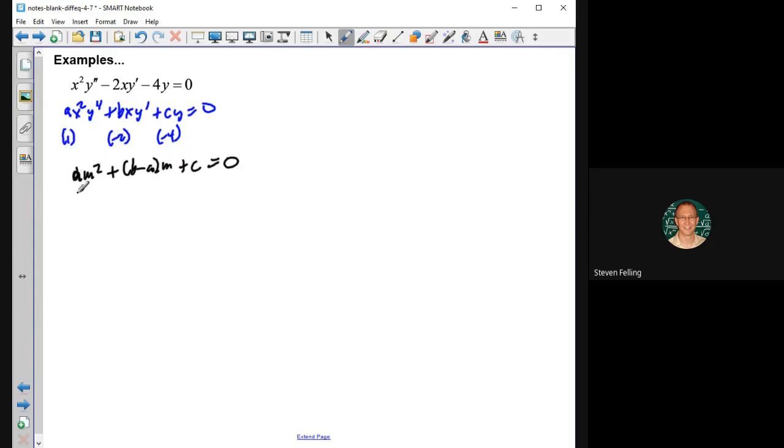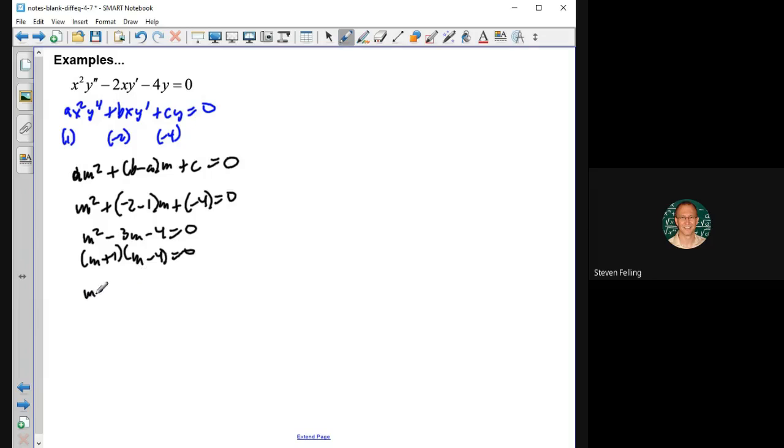So in this case, it's going to be 1 times m squared plus (-2 minus 1) times m plus c, which is -4. And so we're going to end up with m squared minus 3m minus 4 equals 0, which can be factored into (m plus 1) times (m minus 4), which gives me m is -1 and m is +4.